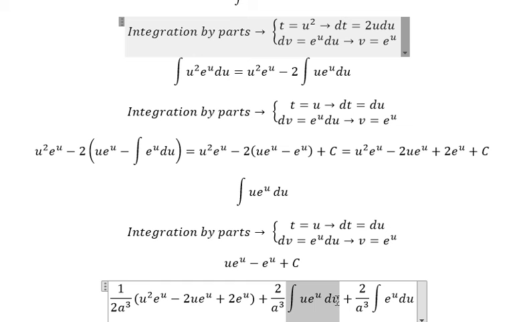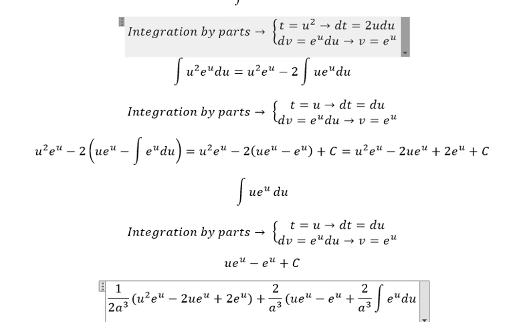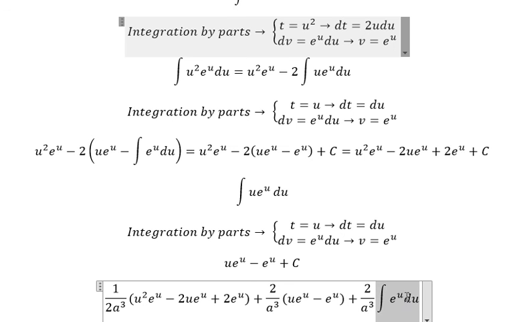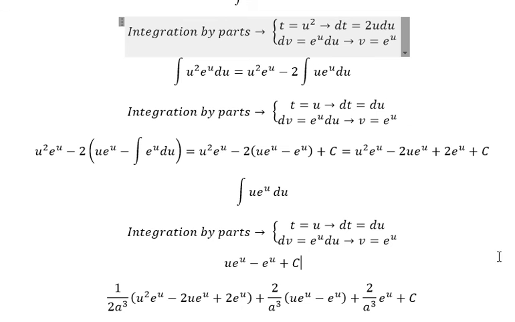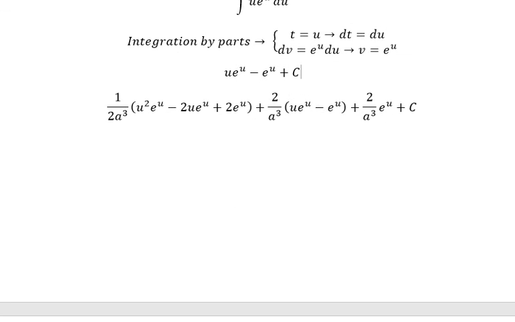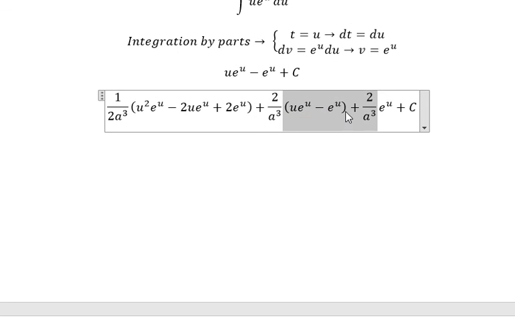And this one, that's about this one. This one, that's e to the power of u plus c. And we know that this one cancel this one.